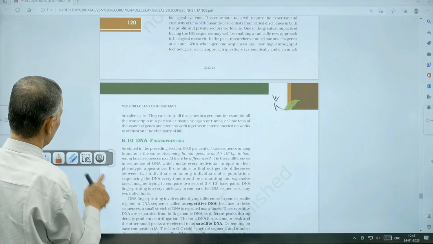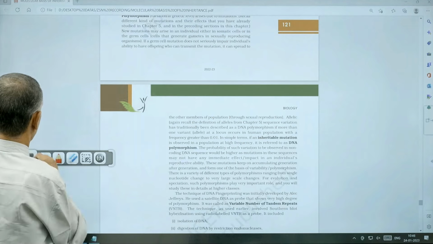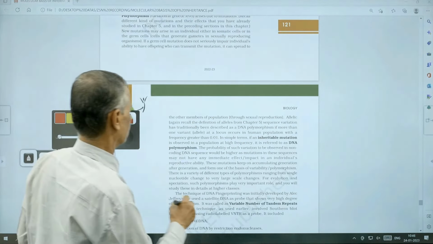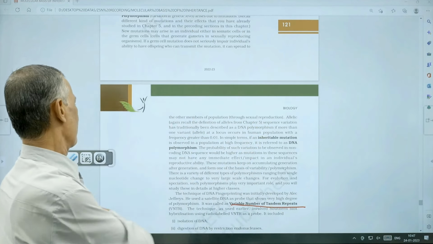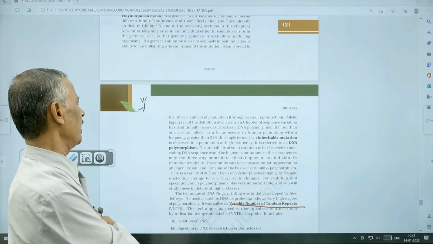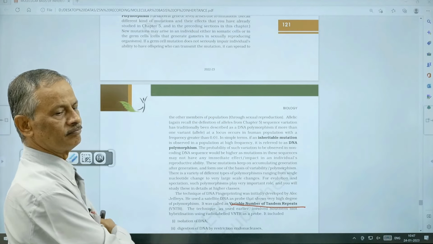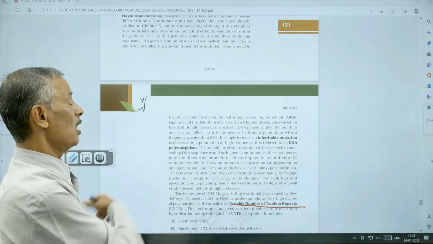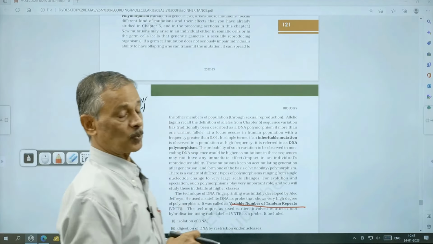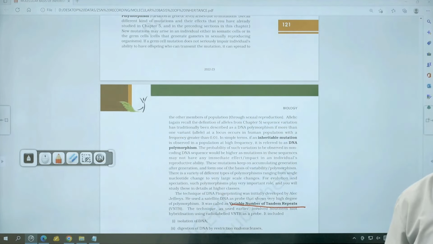He used a VNTR, a satellite DNA that shows a high degree of polymorphism. That was his probe. He made them radioactive and used it as a probe for hybridizing with that single stranded DNA you have already prepared.